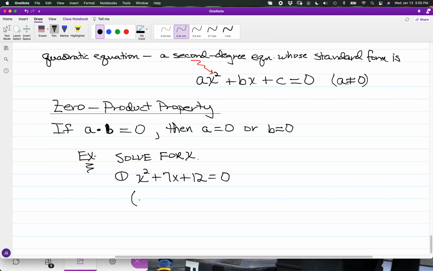And if we look at factoring, from x squared we have x and x. Now for factors of 12 that will add up to 7, you have plus 4 and plus 3. And you might be wondering, okay, where did I see this before?